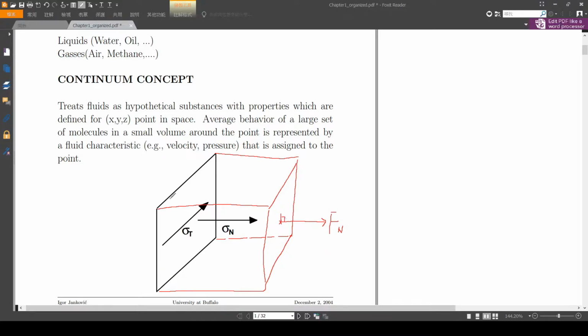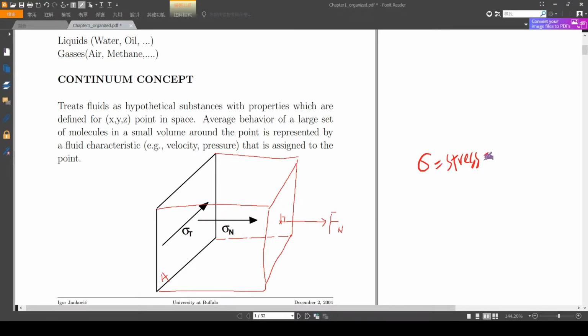And then we just assume that for this cube here, the 6 surfaces have the same surface area, and we denote it by A. So here you can see that there is a sigma sub t, sigma sub n here. The sigma denotes the stress.